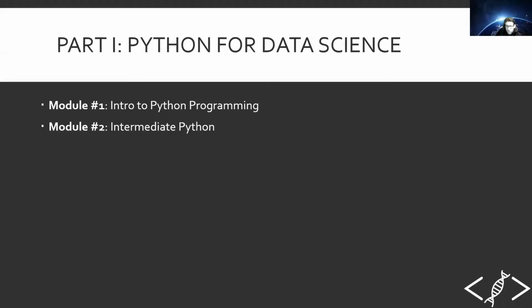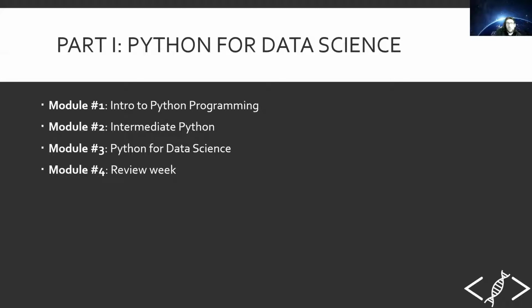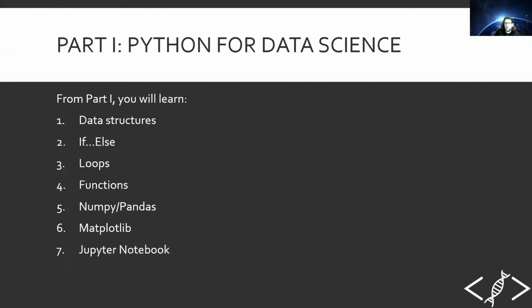We're going to move on to Intermediate Python, Python for data science, and then finally, we're going to have a review week where we will go back through all the questions and concerns that arose during the first three modules and make sure that everyone feels comfortable before we start part two. For part one, we're going to be talking about data structures, if-else, loops, functions, NumPy and pandas, matplotlib, and probably most importantly, what environment we are going to be working in, which is, of course, Jupyter Notebook.